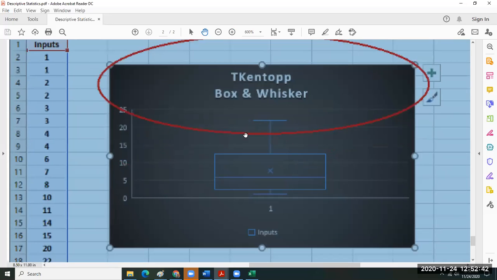So when you're creating a box and whisker diagram, right? This line represents the range of values in your data set, and this box represents where most of them lie. It's kind of like the bell curve in miniature. So where do most of your data results lie in terms of value within the box?